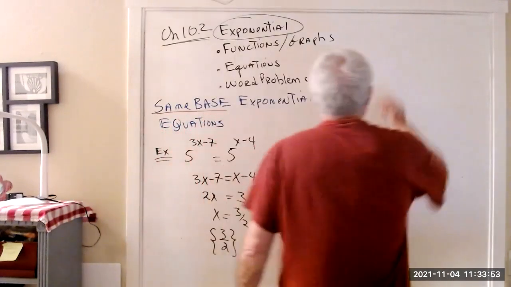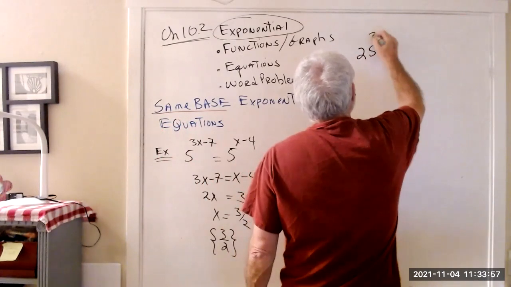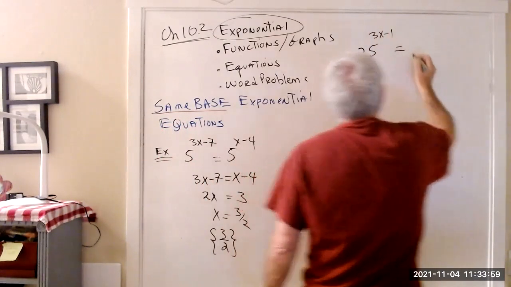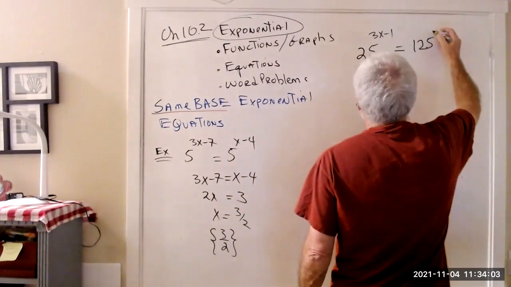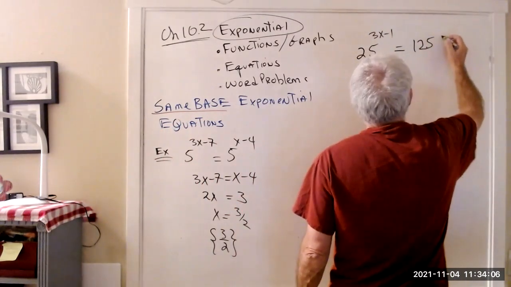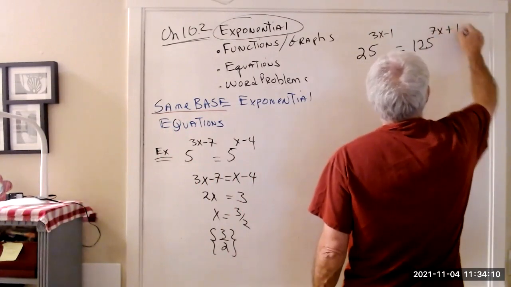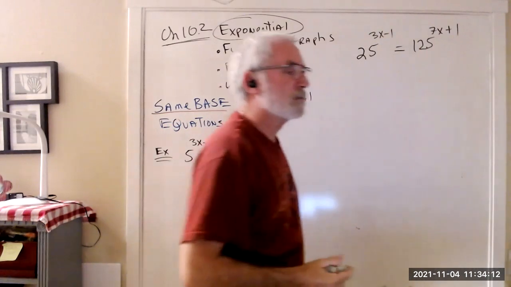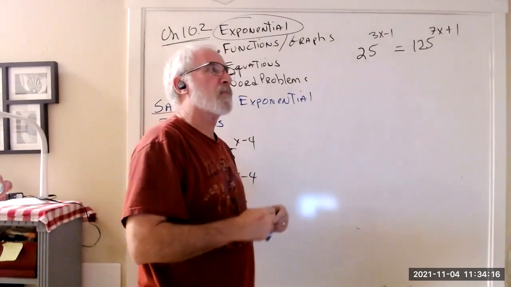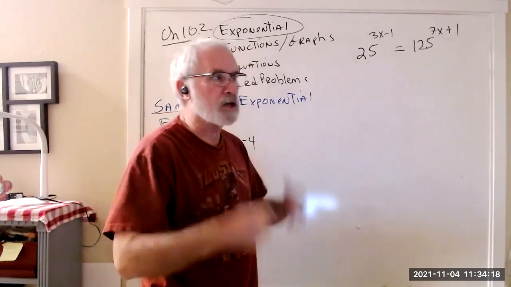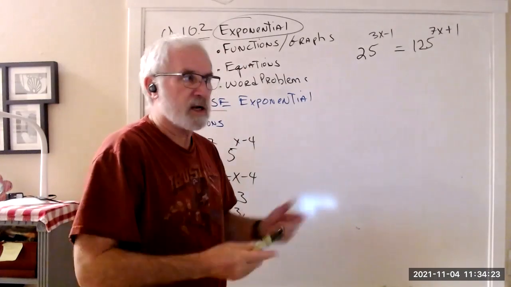What if I had 25 to the 3x minus 1 equals 125 to the, let's say, 7x plus 1? The bases are not the same.